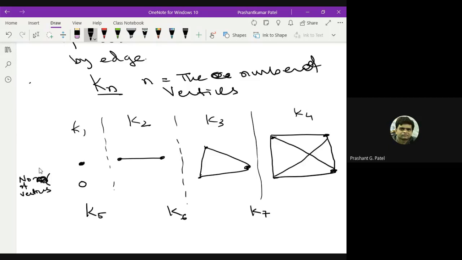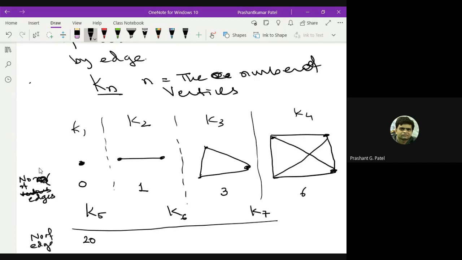Sorry, not the number of vertices, but I'm counting the number of edges. I want to count the number of edges. So there are 0 edges. Here the number of edges is 1. Here 3. Here 6. Here 20. Here this represents the number of edges.